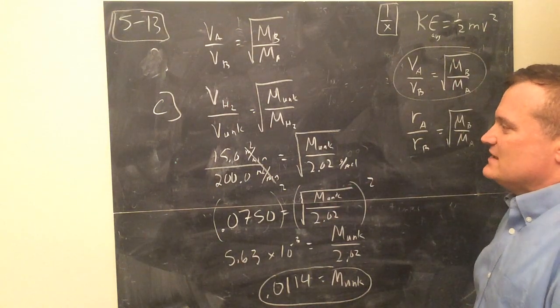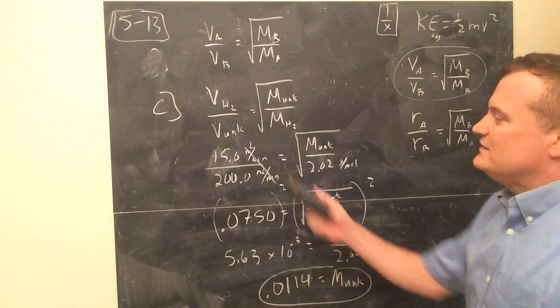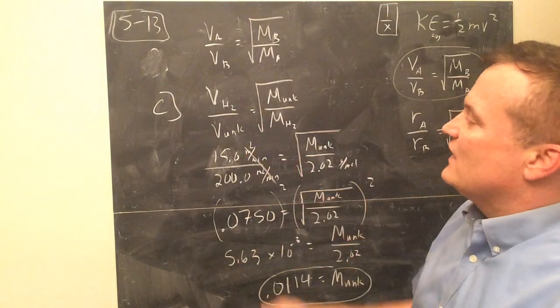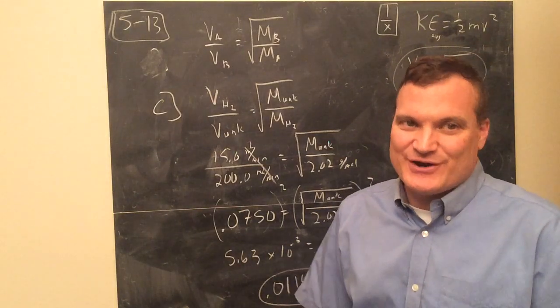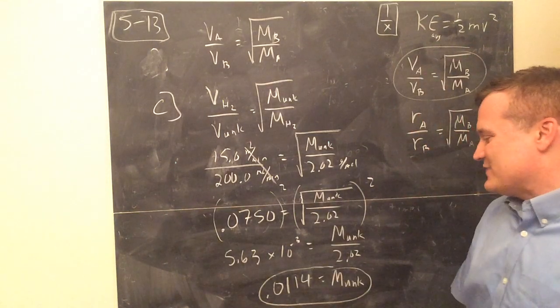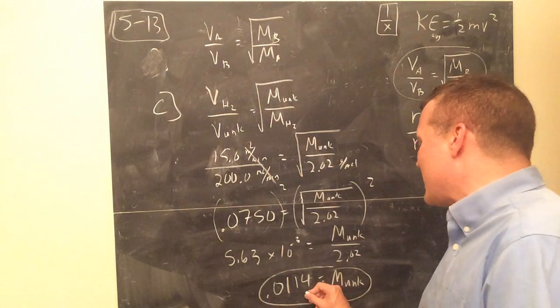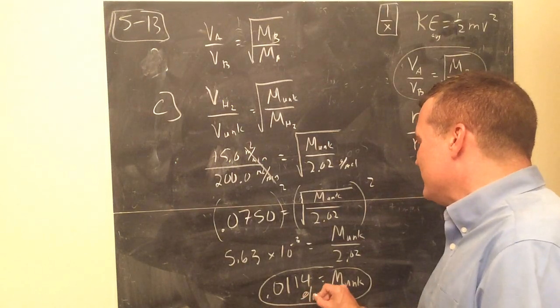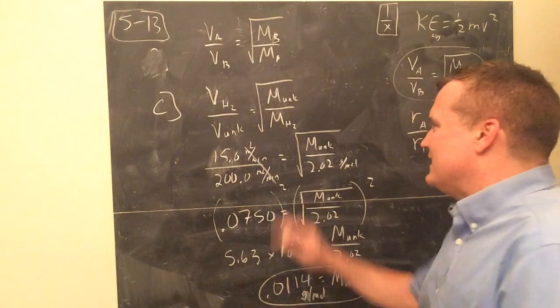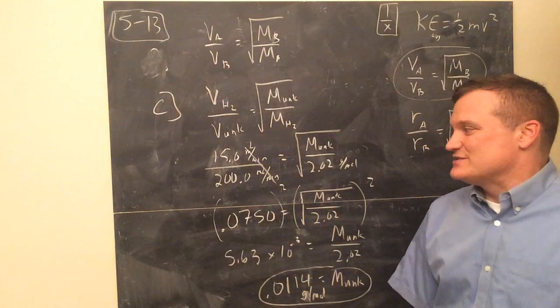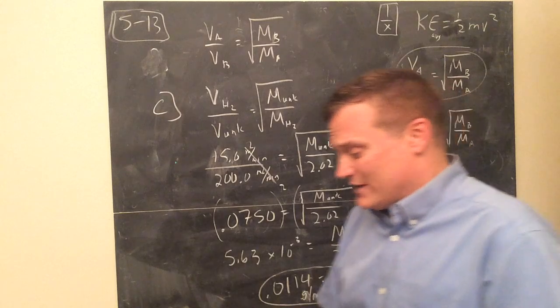But it makes sense. This unknown gas moved a lot faster than hydrogen, and hydrogen is the lightest gas on the periodic chart. So anyway, that's the answer I get, 0.0114 gram per mole. That's the way you do it mathematically, and there's nothing wrong with that. It's just that the problem is kind of crazy.